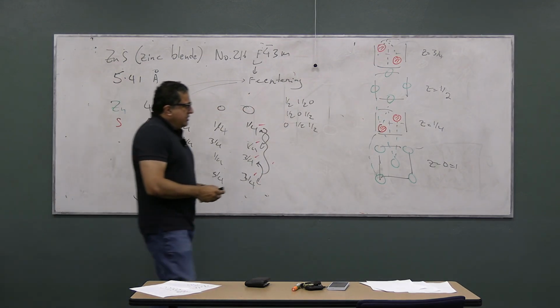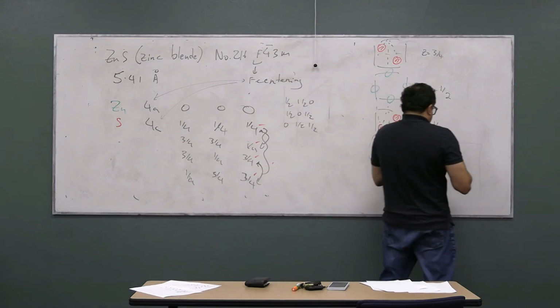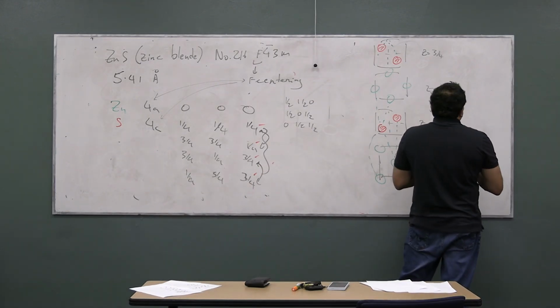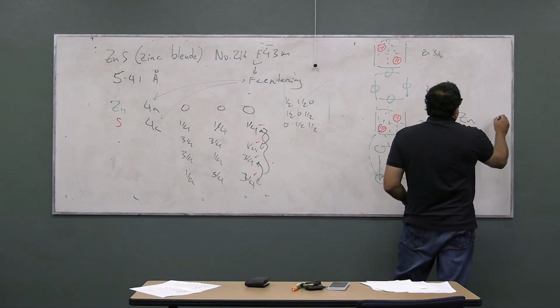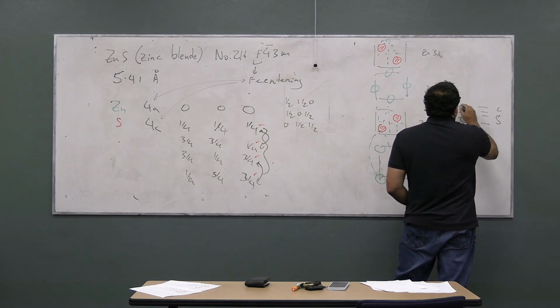So this is a structure where the graph for the structure will be ZnS, 4, 4, 2 plus, 2 minus.